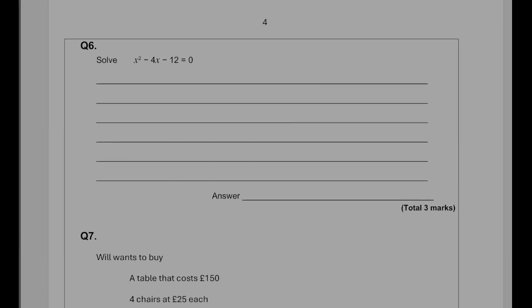Right. So question 6, solve. The first thing I'm going to do is factorise. Like with the earlier question, both brackets are going to start with an x. I'm looking for two numbers that multiply together to make minus 12 and add together to make minus 4.